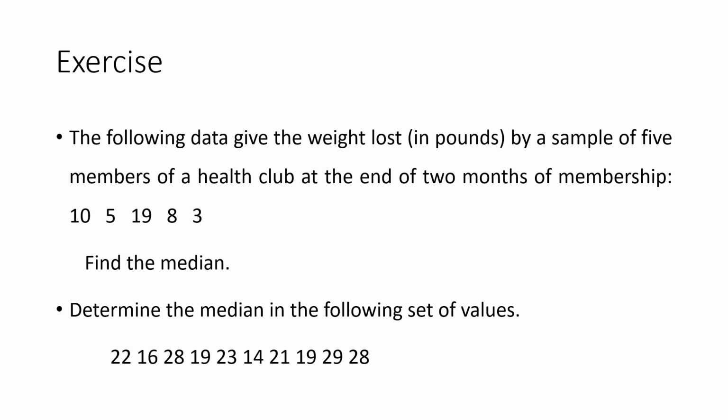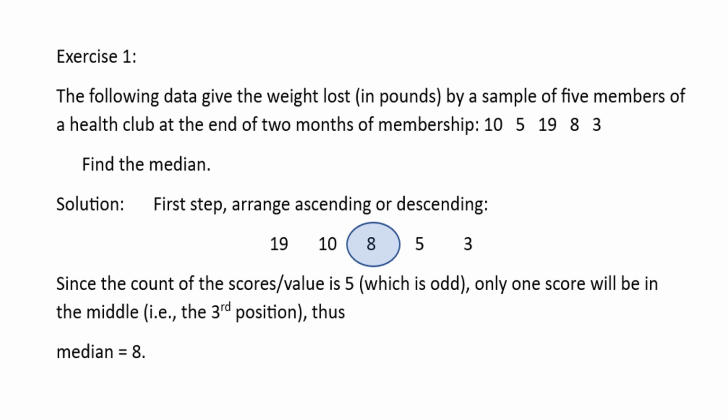So going through the following data, weight loss. The first thing to do is to arrange the numbers either ascending or descending. That was done here, arranged in descending order. Having done that, since there are 5 scores in the distribution, will you agree with me that if you count either from the back or from the front, we are to identify the third score?